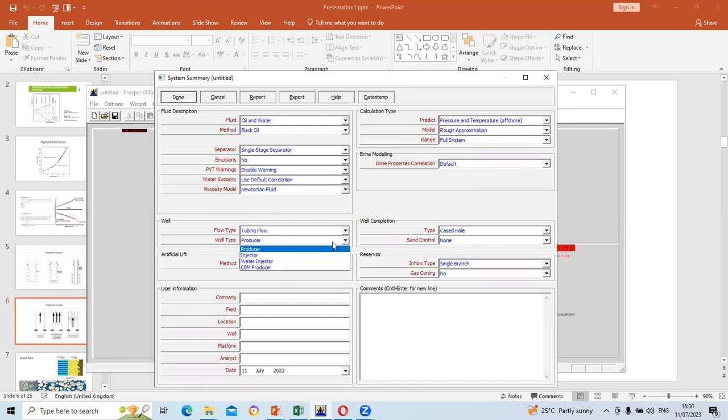Then our well type: we have a producer, an injector, and a water injector, like what we explained on water flooding. We are just going to take it as our producer. Okay, we may also have an artificial lift. When I was talking about water flooding, I took time to give a brief description of why we need the artificial lift method. We may have a situation where the reservoir is highly productive.